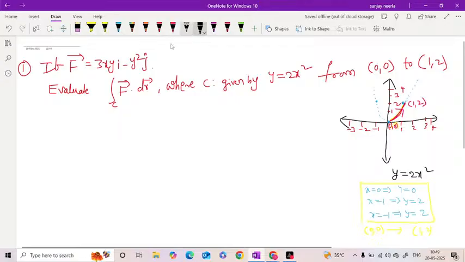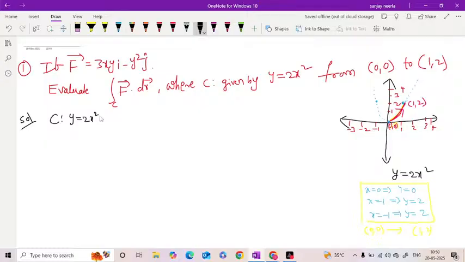Now come to the line integral. According to the definition, what is the curve? It is given that y is equal to 2x square and r is the position vector. So r is equal to xi plus yj, because it is related to only 2D.